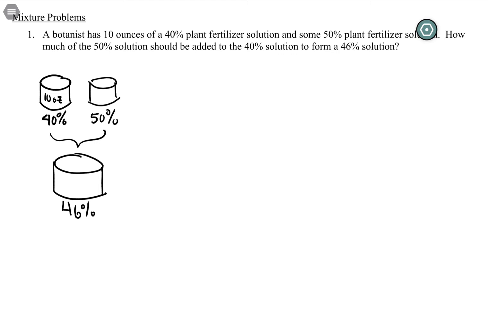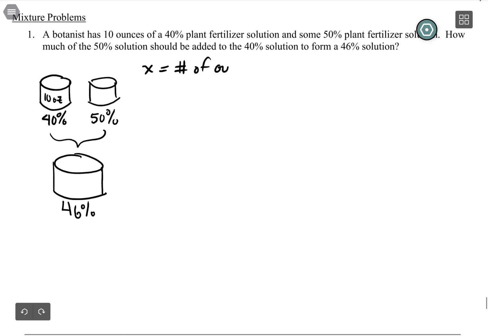So we get one variable. Often it's good to just use that to represent whatever you're specifically looking for. So here the question is, how much 50% solution do we add to create the 46% solution? So let's say x is the number of ounces of 50% solution.